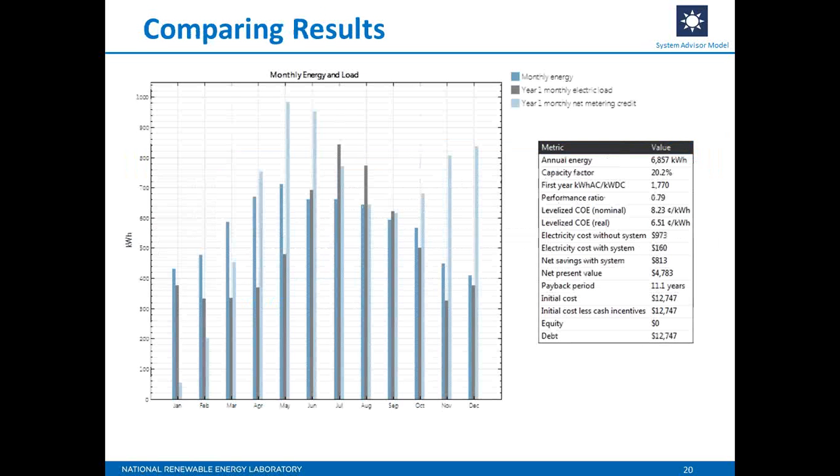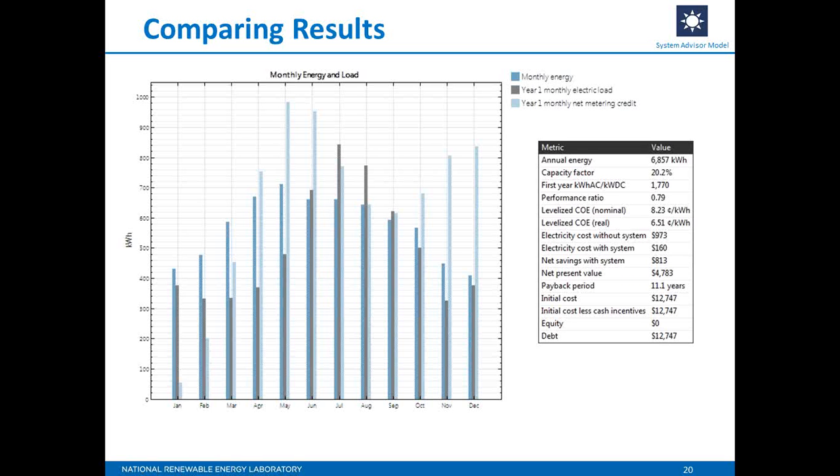So now that you've input all of these various considerations and you've run a simulation, what results do you actually care about? On this screen, I show the metrics table on the right-hand side, as well as one of the graphs that is automatically created by SAM when you run a residential PV simulation.